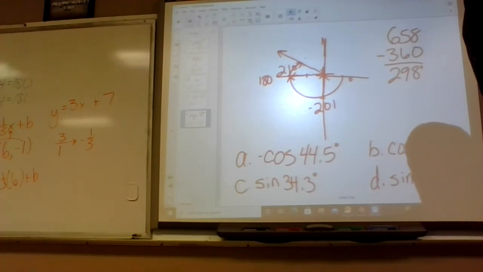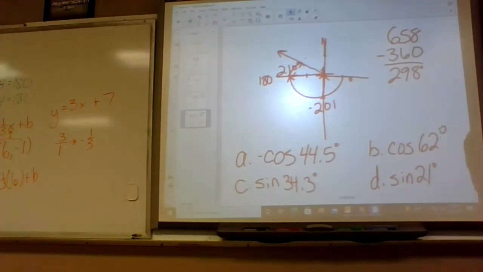All right, number 5. Use a calculator or table. I think there's a table somewhere in this book that does all the trig functions, but we don't need it.